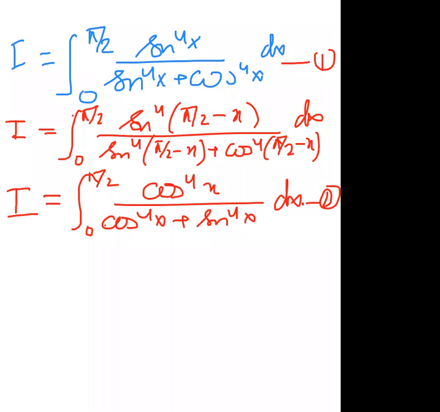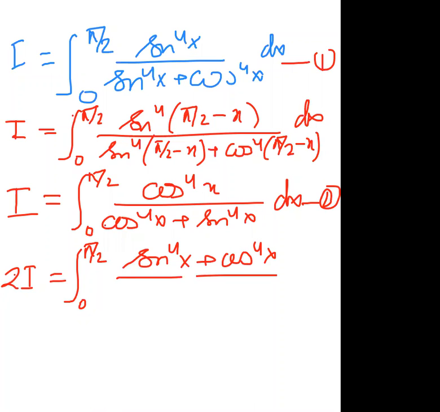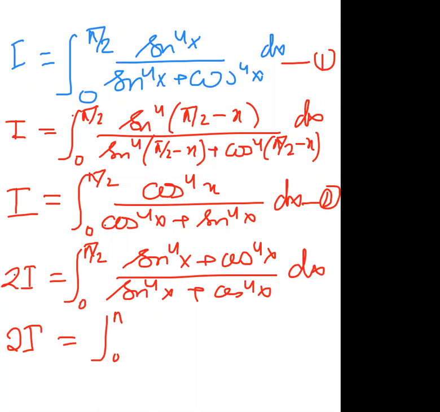So adding both the equations, 2I can be written as integral from 0 to pi by 2 of sine power 4x plus cos power 4x upon sine power 4x plus cos power 4x dx. 2I can be written as integral from 0 to pi by 2 of 1 dx, that will go to x from 0 to pi by 2.